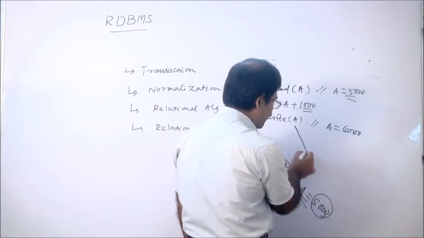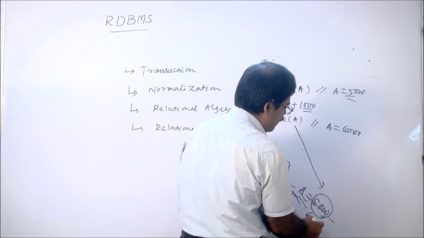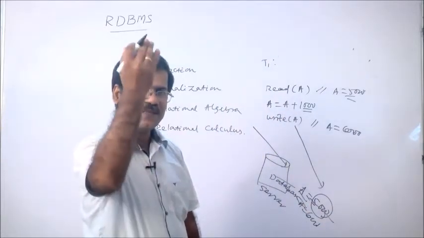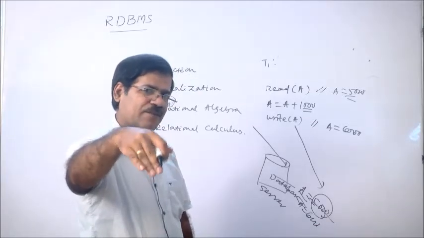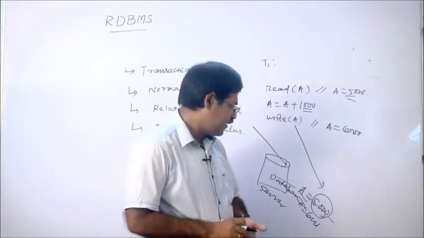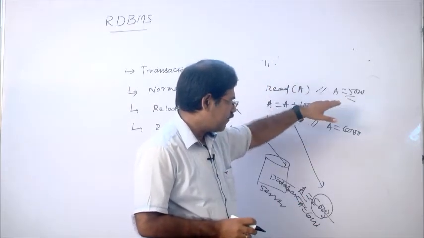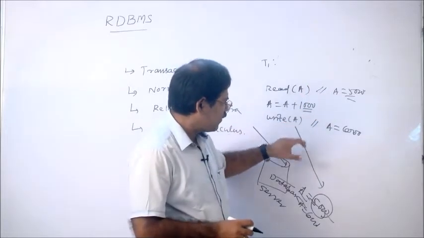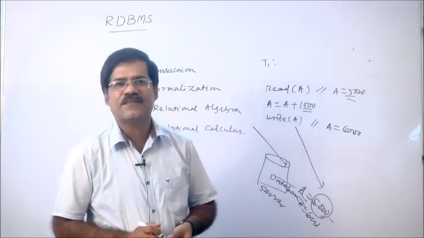The 6000 will be written in the database. Read from the database, update something, then write on the database. Write means the updated value is written on the database. So, when you read, the value is 5000, you deposit 1000, then the updated value 6000 is written on the database.